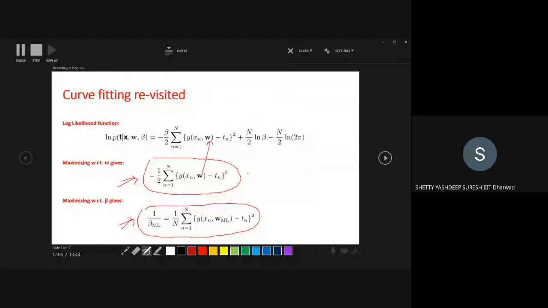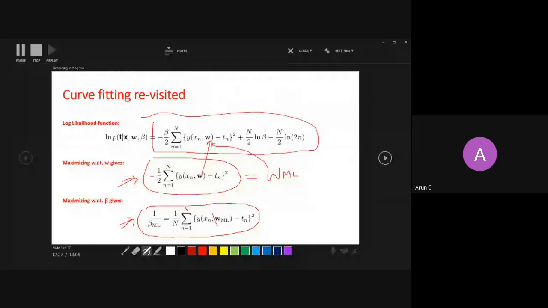When I maximize with respect to w, I get some parameter, which I call wML. Then I put that parameter, which is maximizing with respect to w, into this expression again, and maximize it with respect to beta. That's why this wML comes from this; it is the solution of this.